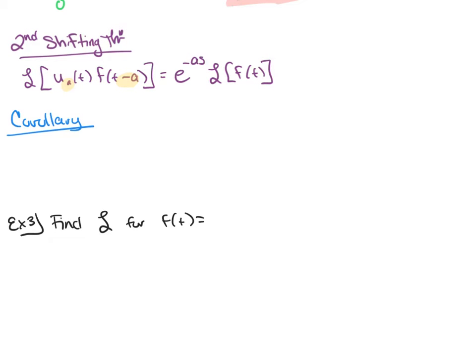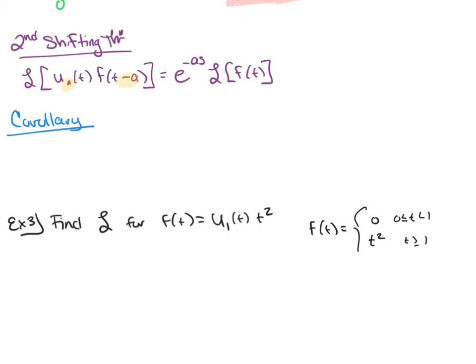I want to write it as u sub 1 of t times t squared. So if you want to see that, just as an aside, that would have been 0 when t goes from 0 to 1, or t squared when t is greater than or equal to 1. So notice that the t doesn't have the same shift as the a, which we need to make up for.